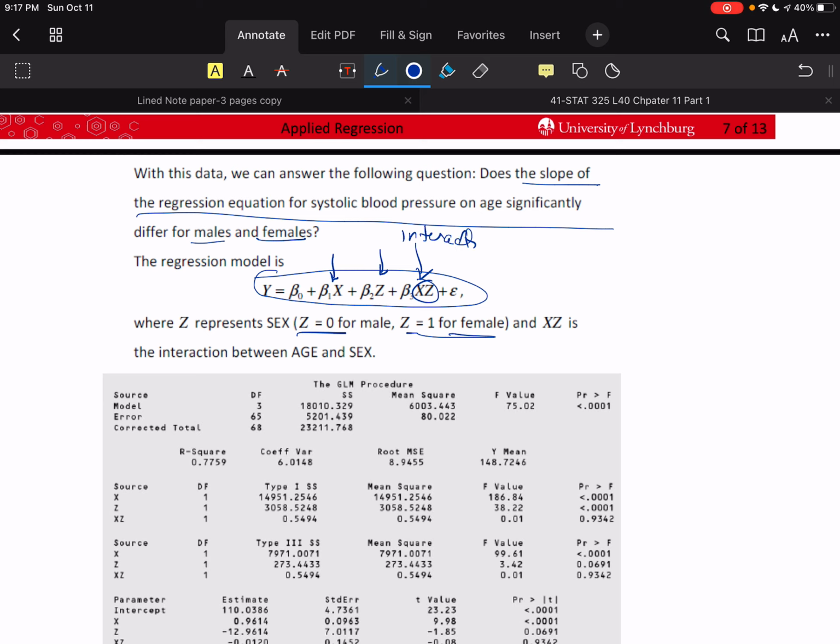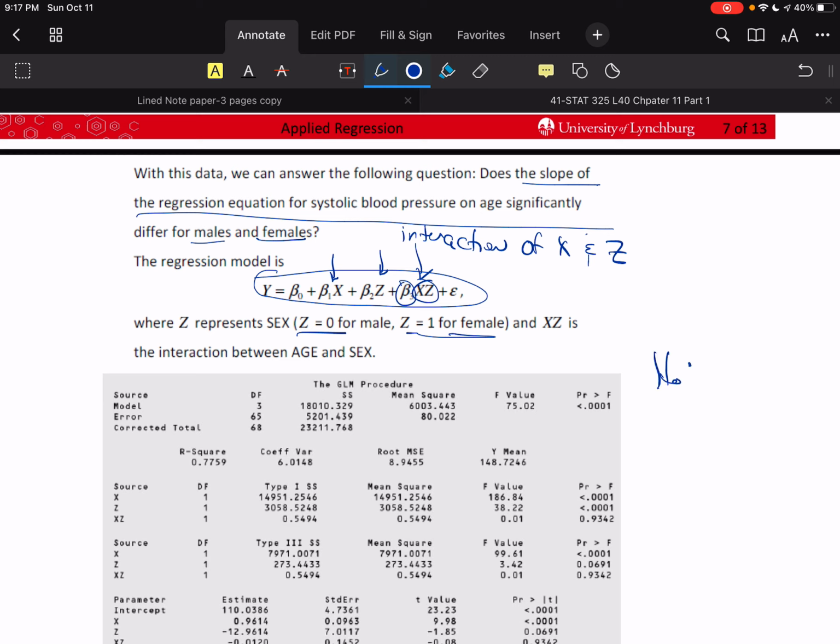Interaction of x and z. And so what we do is we're going to test for beta 3 equals 0.